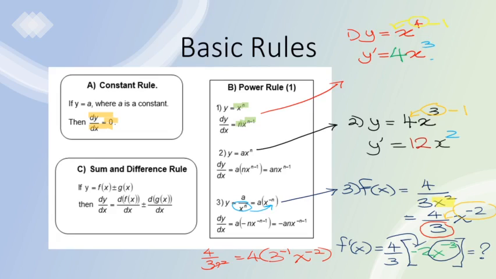Okay, let's say we use f(x) equals 4 over 3 x squared.